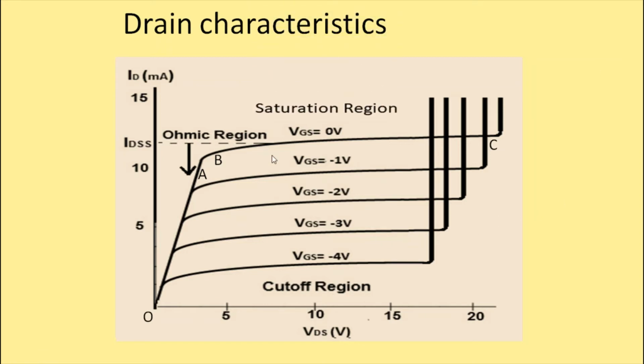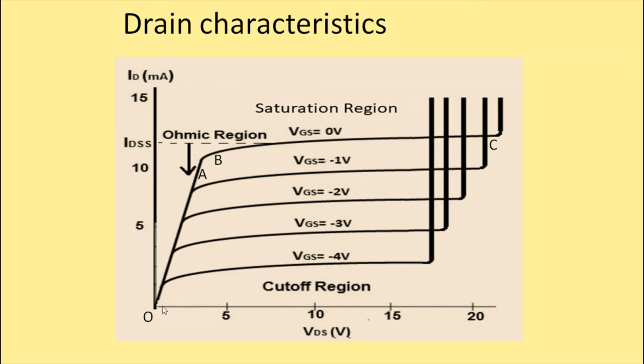The next region is the saturation region. The saturation region exists almost from this part to this part. This entire region is known as the saturation region. Now if you observe in the saturation region, the current ID is almost constant for any varying value of VDS.